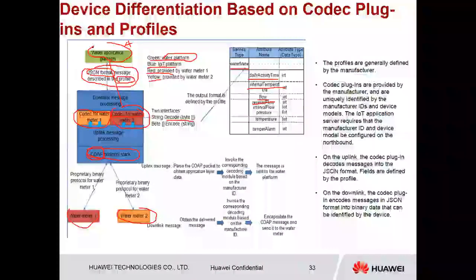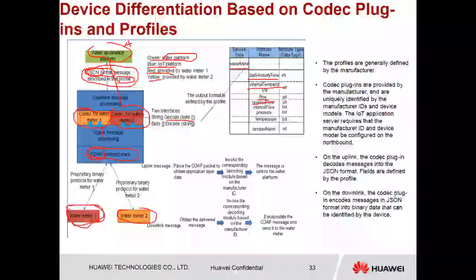If the water application sends a message or a command to the water meter, it will send the message in this format, and our codec will encode this message into the relevant or macro format of water meter 1's manufacturer, because the manufacturer has its own format.